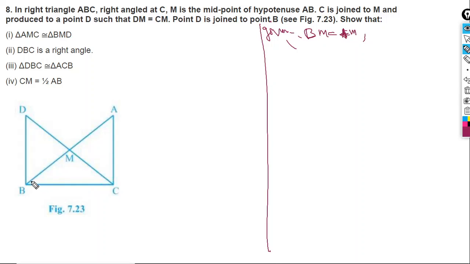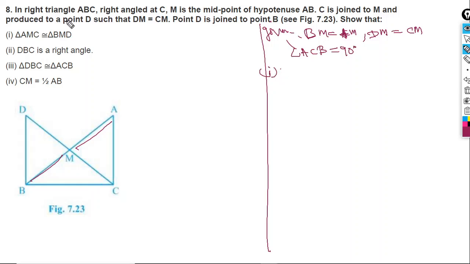Look at the figure. This much is given. Angle ACB equals 90 degrees.